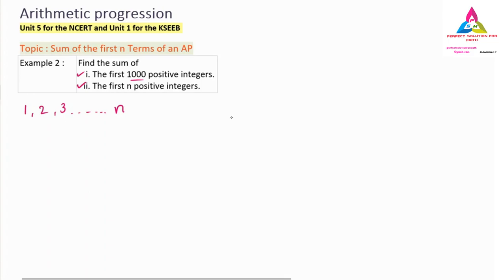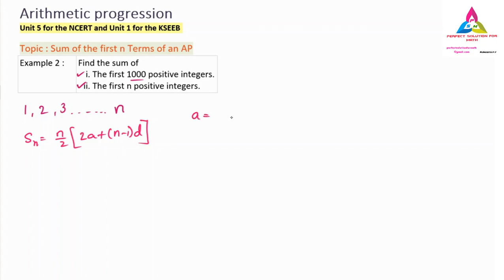Next, they have told you to find the sum. Sum means Sn is equal to n by 2 into 2a plus n minus 1 into d. This is the Sn formula, yes? So we have to apply it in this formula. We know the a value.